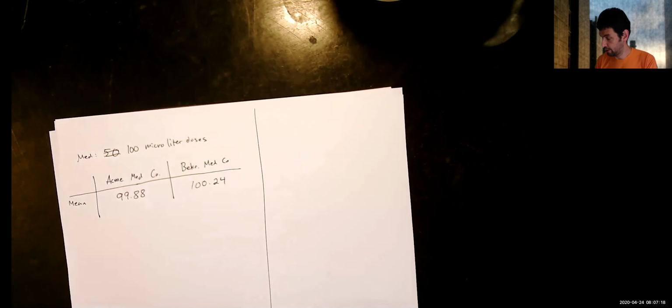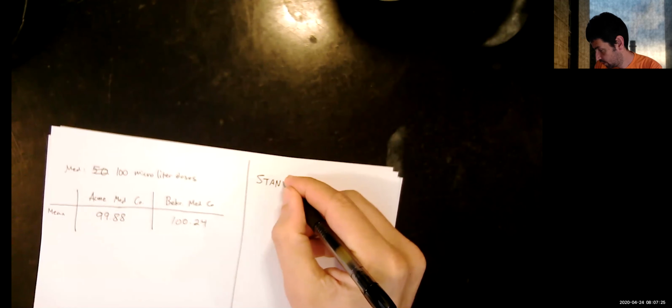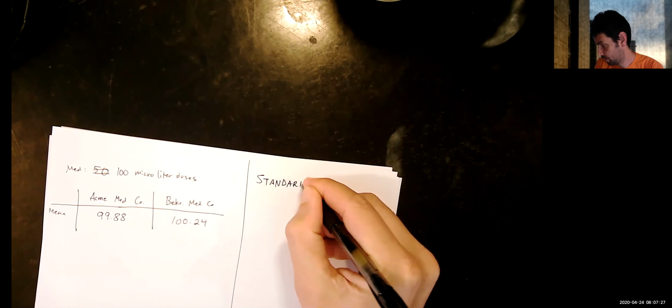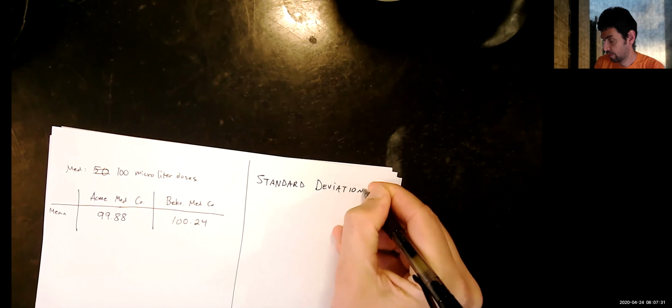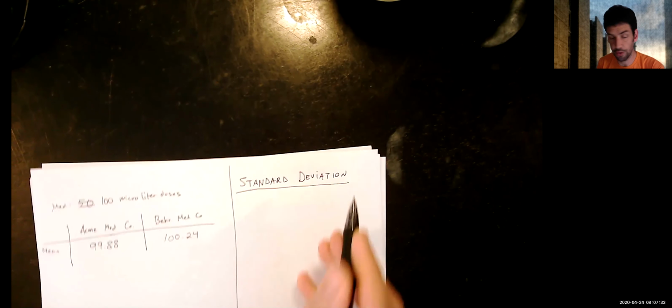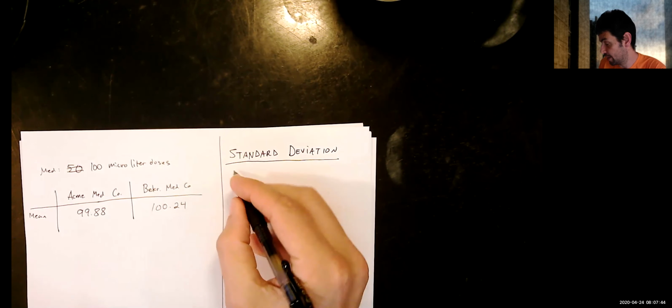So our standard deviation is going to give us, let's write this out. We've got standard deviation. So first of all, there's going to be a couple of different symbols for it. Remember, with the mean, we had a symbol for the sample mean and another symbol for the population mean. We have the same thing here.